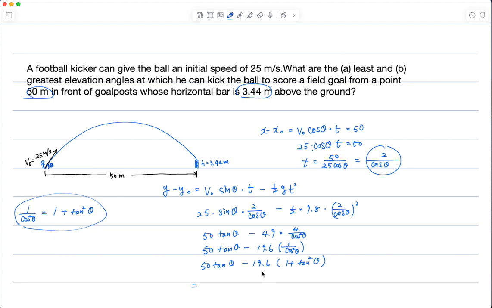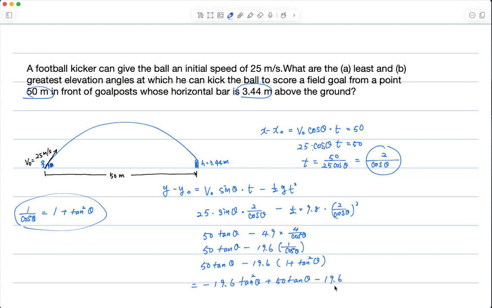Therefore, I can represent the quadratic function: negative 19.6 tangent squared theta plus 50 tangent theta minus 19.6.